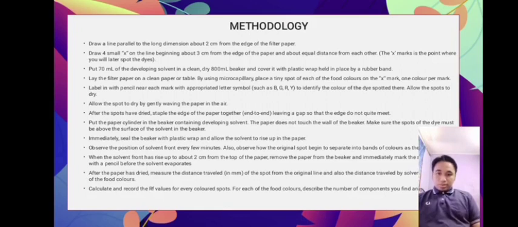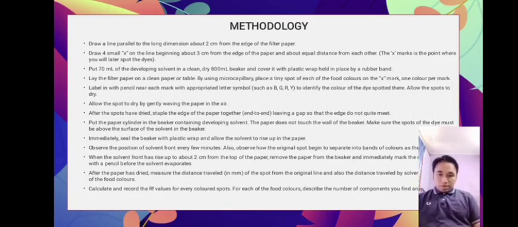Next, put 70 ml of the developing solvent in a clean, dry 800 ml beaker and cover it with plastic wrap held in place by a rubber band.